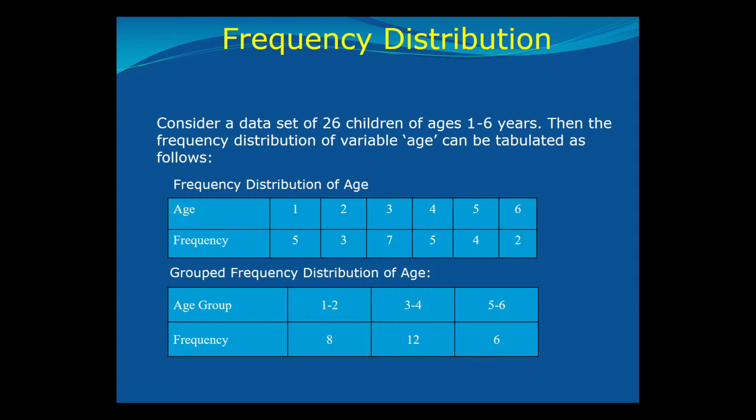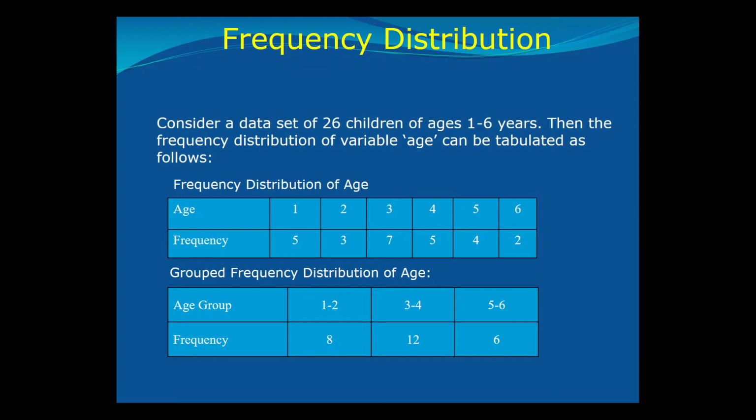Consider a data set of 26 children of ages 1 till 6 years. Then the frequency distribution of variable age can be tabulated as follows in the next table. So we have two lines, age line and frequency line, and we need to put appropriate numbers, number of children according to the age.